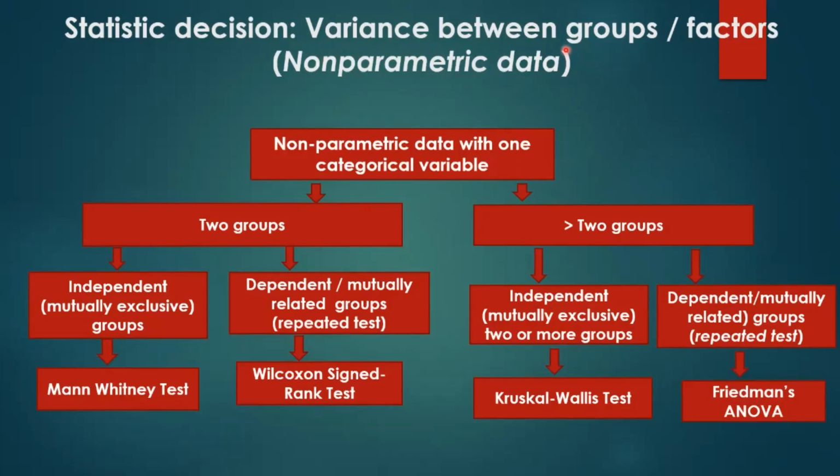Sometimes we do have parametric data sets that do not obey certain rules, like having the same variance when groups are not having the same variance. We treat such data as non-parametric data.